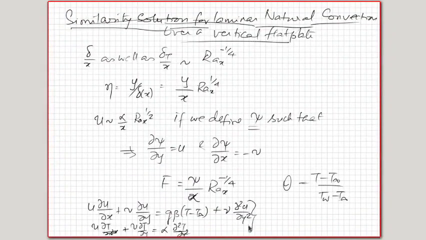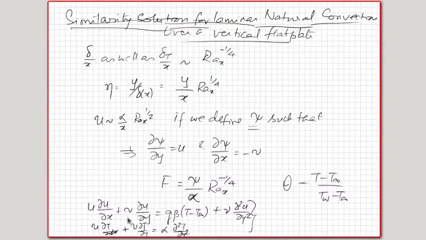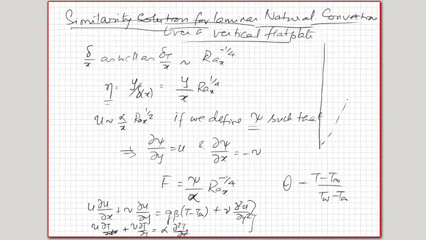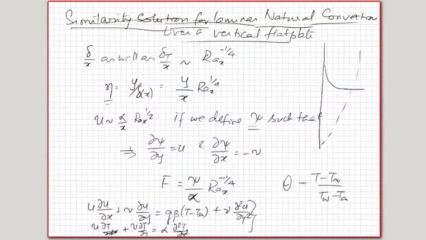So for these two equations, if I substitute u as del psi by del y, and therefore this will be del squared psi by del y del x, and so on, and then normalize these and derive all of these equations so that you eliminate one of the independent variables and write it in terms of the combination variable eta. So what does this basically mean? If I have a boundary layer like this, then suppose this is my thermal boundary layer, the temperature profile, and this is my velocity profile.